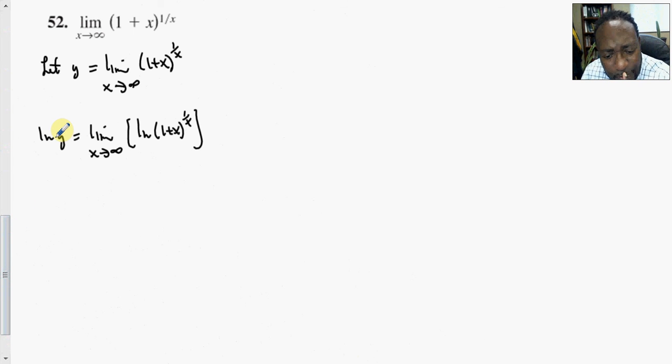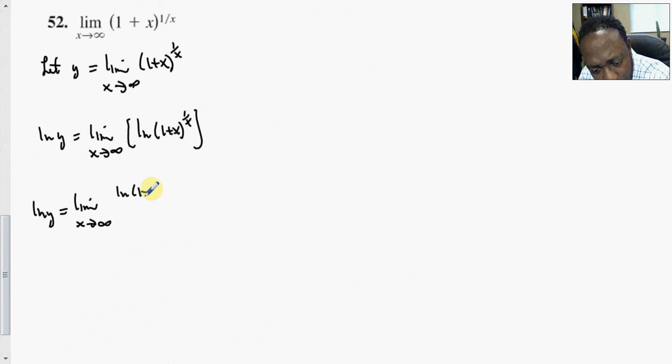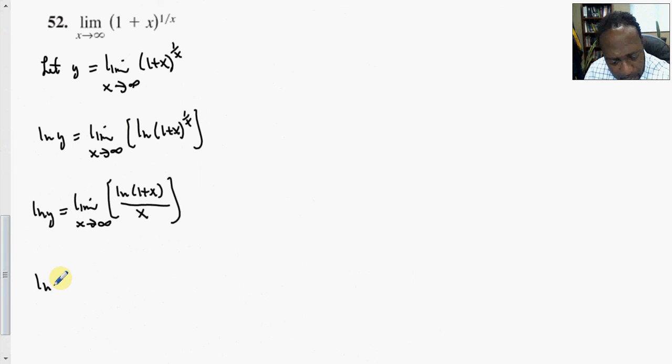So we have here the natural log of y is equal to the limit as x goes to infinity. Now we can bring this 1 over x down times the natural log, and just drop that x downstairs. So this is the natural log of 1 plus x over x. We can check indeed for indeterminate form here.